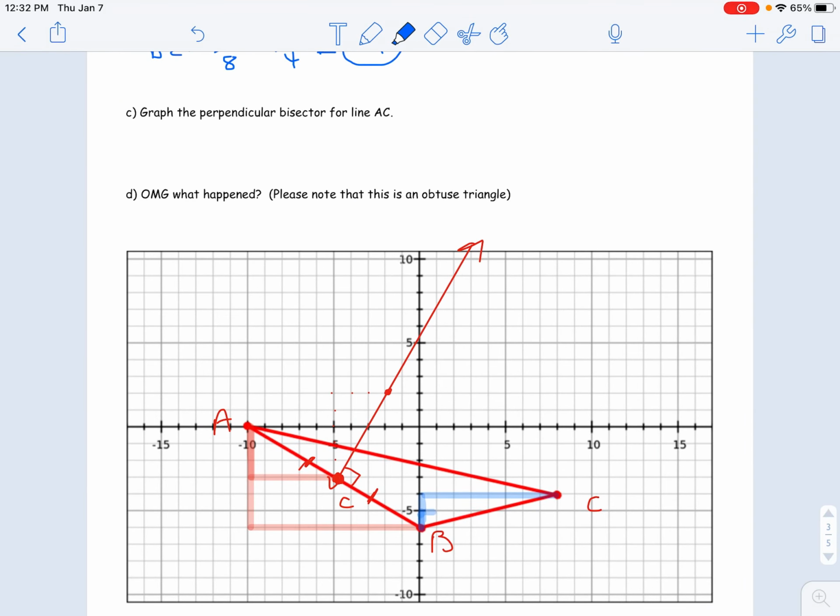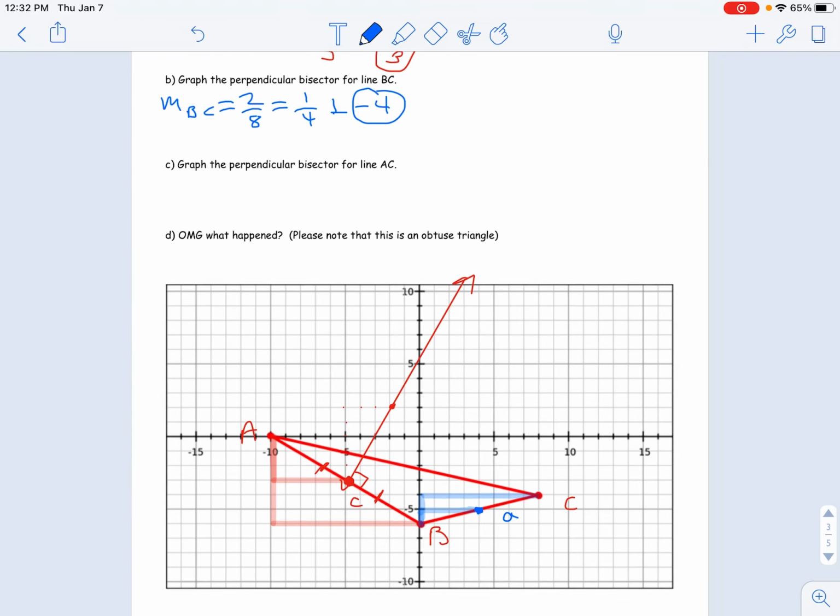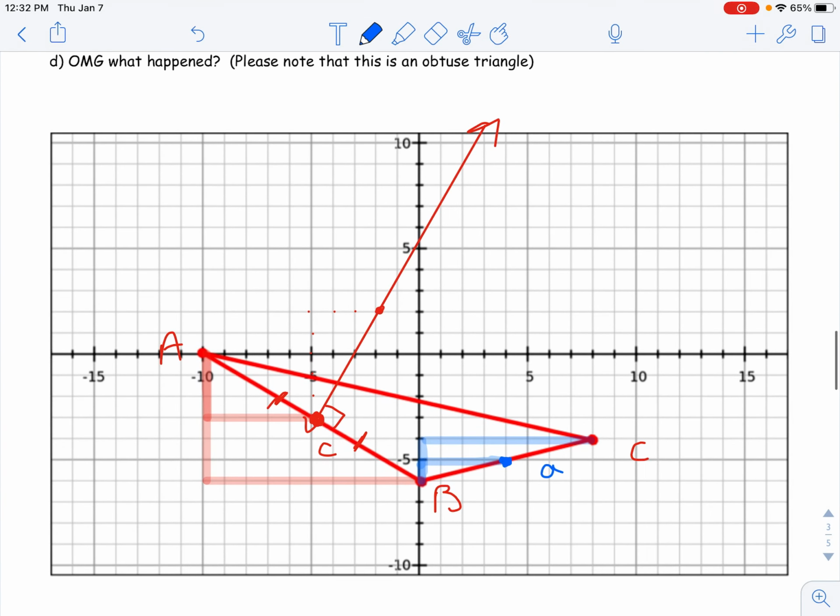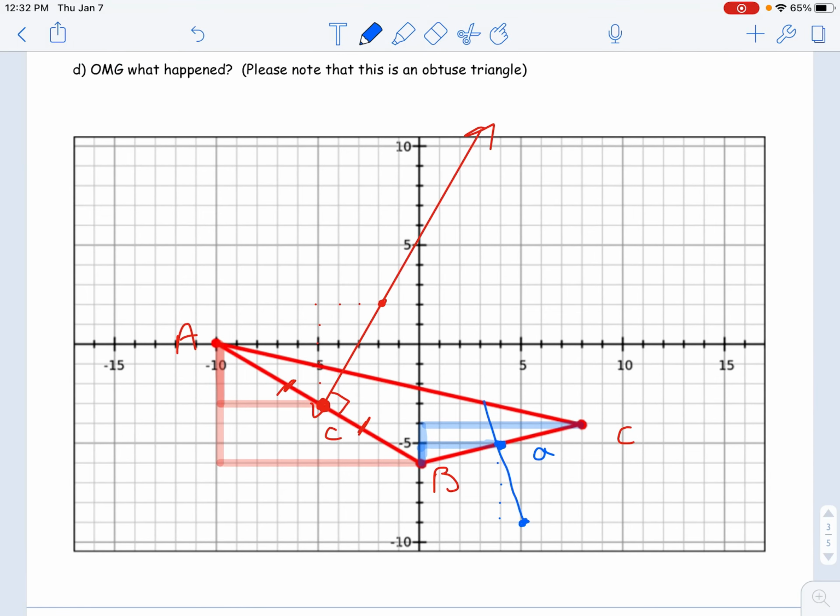And then the midpoint, up 1 over 4. Again, just counting, boom, right there. So from that point, we'll call that lowercase a. We're just going to do a slope of negative 4, so down 4 over 1. Make a line that goes through it both.